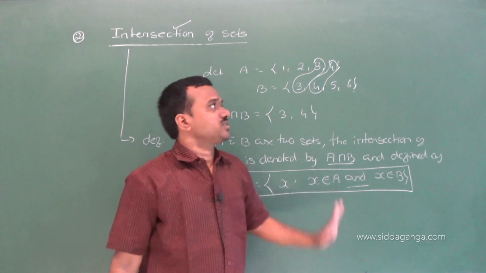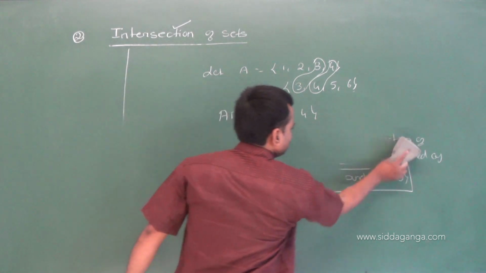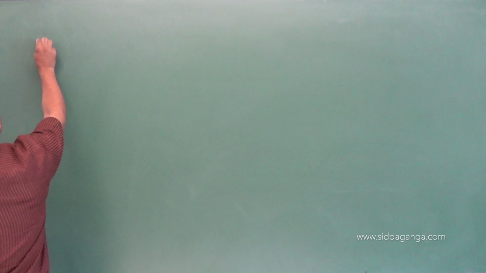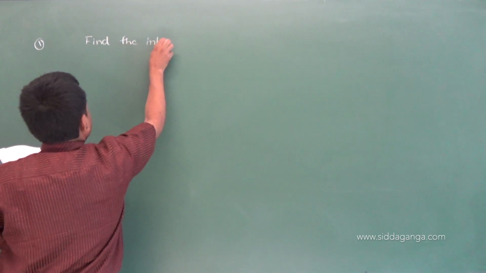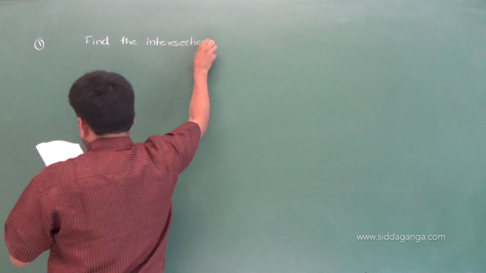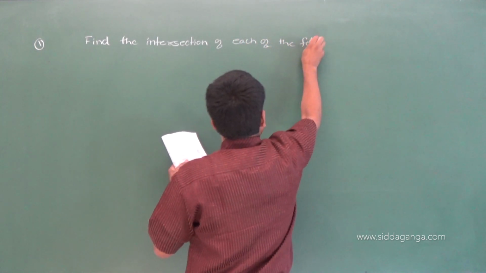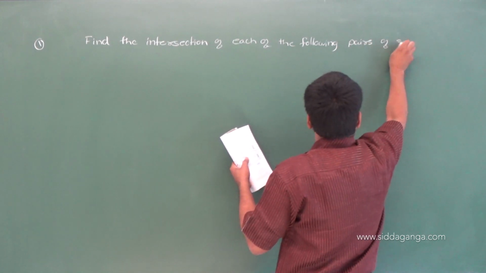This is the concept of intersection of two sets. We solve some problems regarding intersection of two sets. In the first one, find the intersection of each of the following pairs of sets.